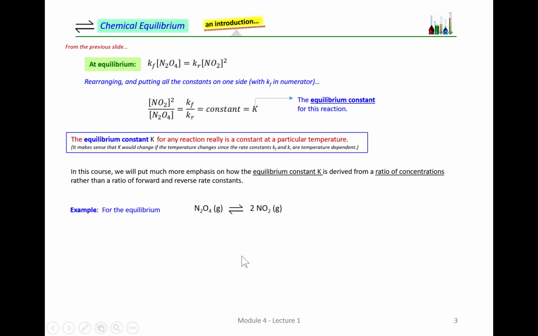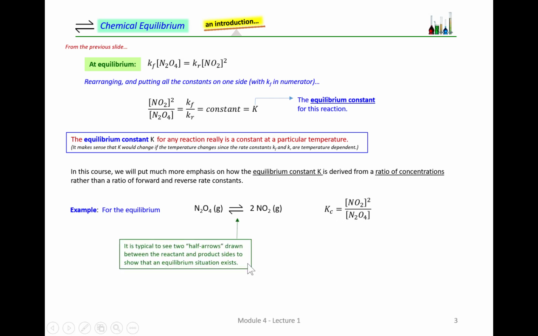So for example, for the equilibrium we've been dealing with here, the equilibrium constant is equal to the square of the NO2 concentration divided by the first power of the N2O4 concentration. And we've replaced our forward and reverse arrows with forward and reverse half arrows.